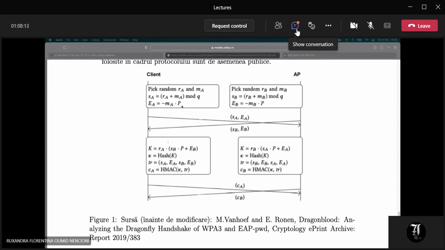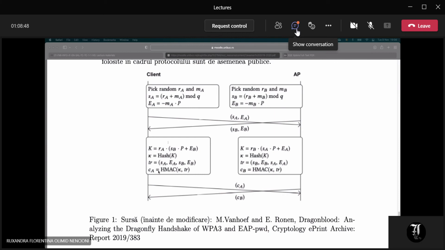Again, I look at MA and MB. Perfect. The password comes from a weak password, so I can do a brute force here. So I can find MA and MB up to a brute force. I can have more values for them, but not so many. And then with them, because in fact the key is only depending on MA, MB and the password, I can find all the possibilities for the key K. Knowing the hash, of course, I can find this one because the hash function is public.